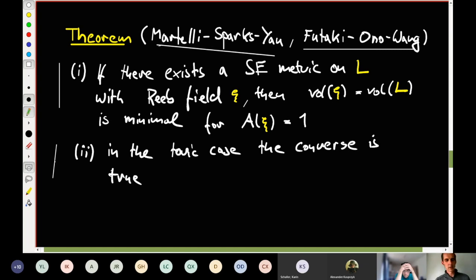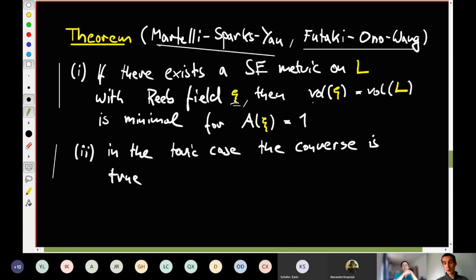And what does this theorem tell us? It tells us that we can find a Sasaki-Einstein metric on our link if and only if our vector field, which is compatible with our choice of psi, satisfies this volume minimization condition.